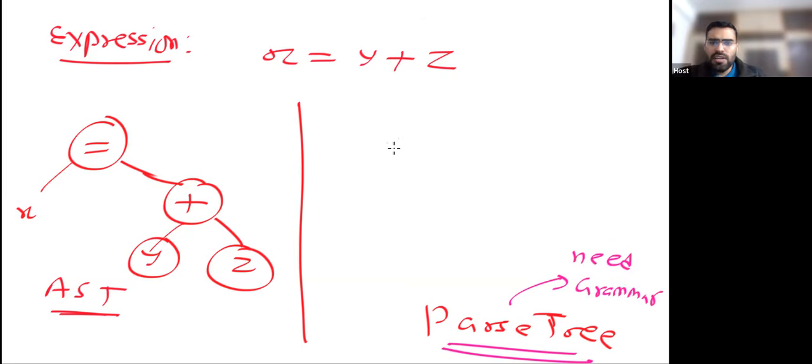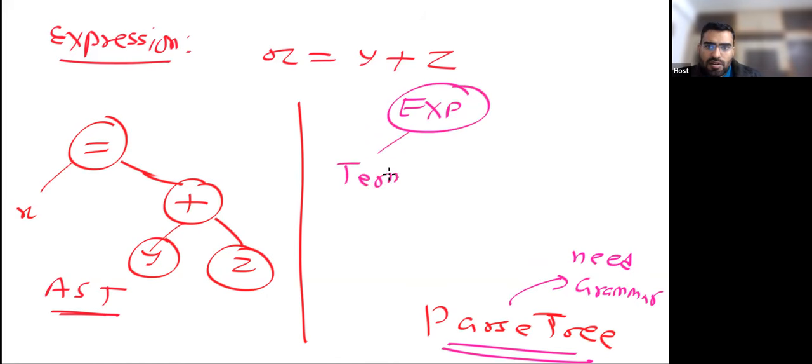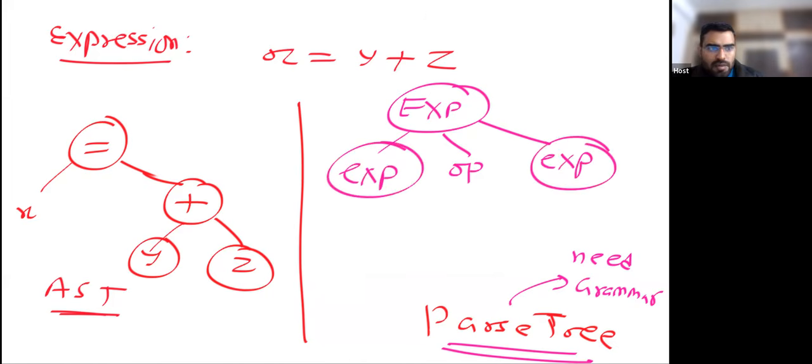Let us assume you already know the grammar. Then something like this will happen. Expression will go to term, operator, term. Or I can say expression can go to expression, operator, expression. Next, expression can go to term.